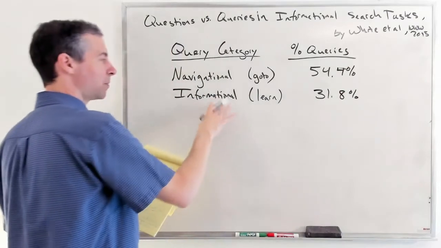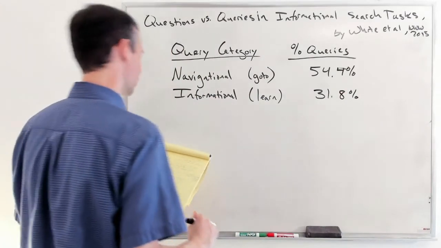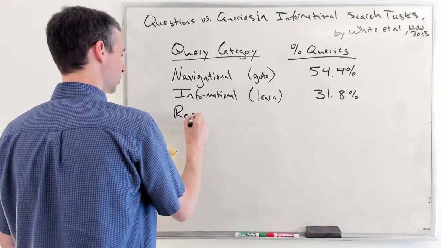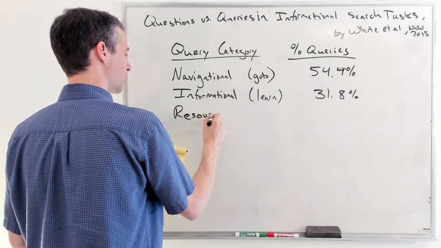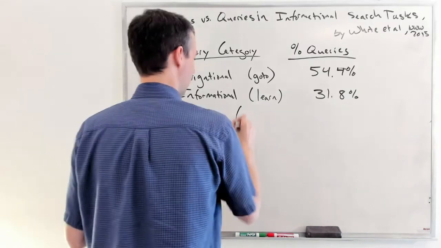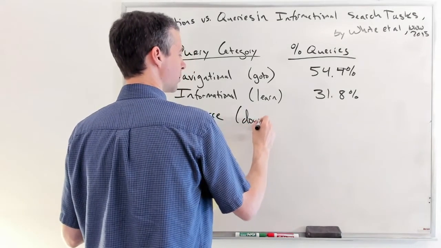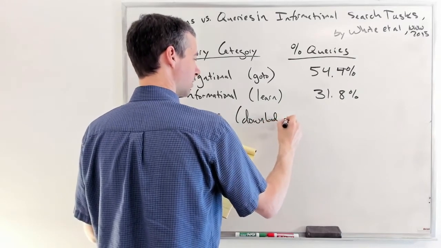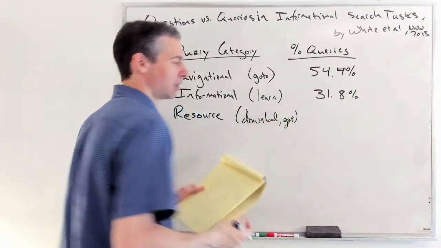All right, and in the paper, they actually break down the informational into different types. Then there's a much smaller amount where these are called resource queries. The big idea here is they want to download something or get something that's out there on the web.